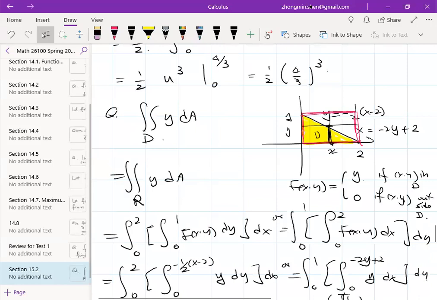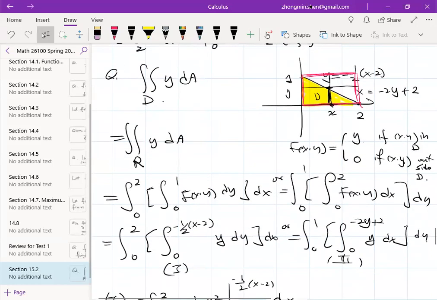Then you cover this domain D by a rectangle, so you change this double integral to a double integral over R. I shouldn't put the y there.